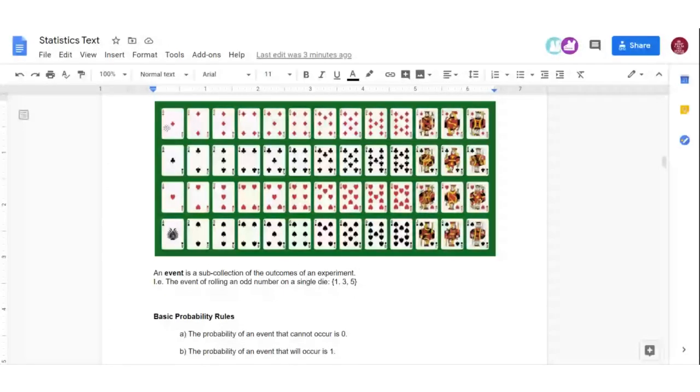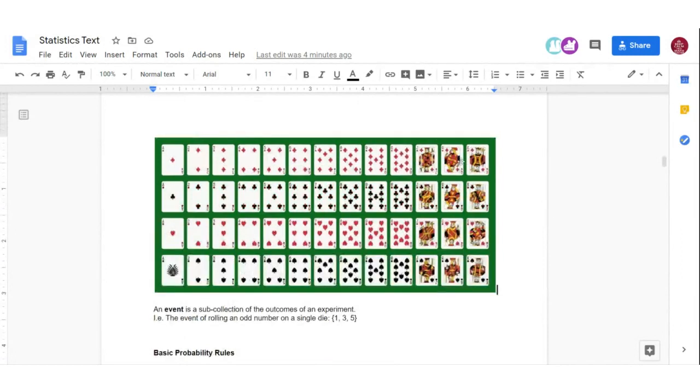The whole first row is diamonds, and if you count them, there's 13. So, 10, 11, 12, 13. So there's 10 with the numbered cards and then 3 face cards, so that's 13. So let's go back over there. I put that in.